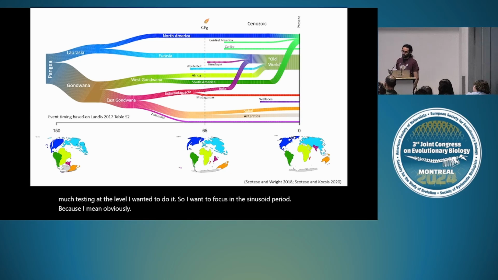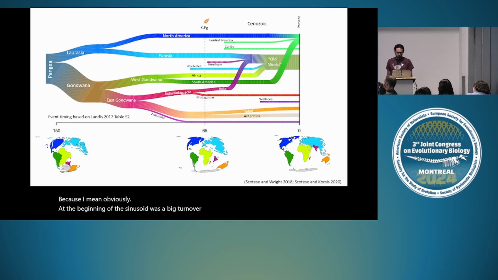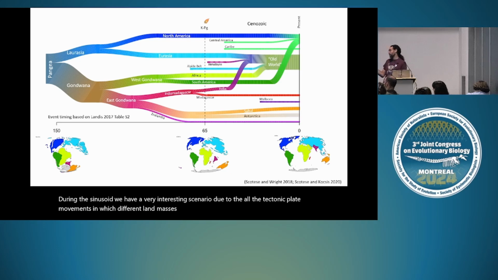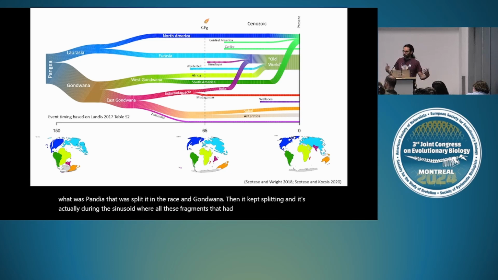at the beginning of the Cenozoic there was a big turnover of the communities, and during the Cenozoic we have a very interesting scenario due to all the tectonic plate movements in which different land masses, that came from what was Pangaea, that was split in Laurasia and Gondwana, then it kept splitting, and it's actually during the Cenozoic where all these fragments that had been with biotas evolving in isolation start colliding.